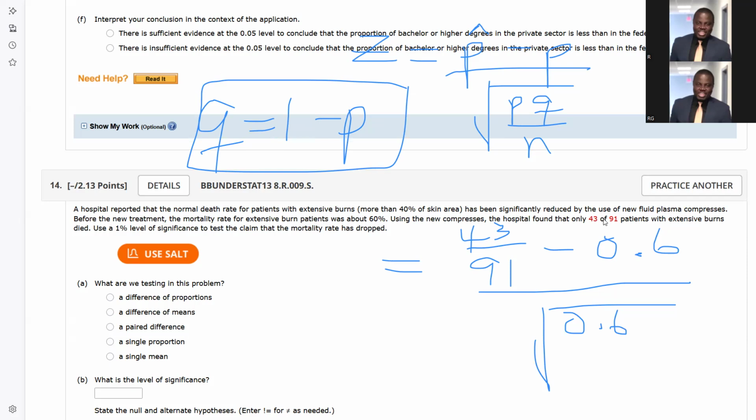So P plus Q should give you 1. So my Q is 0.4. So I'm going to do times 0.4 divided by my N, which is 91.